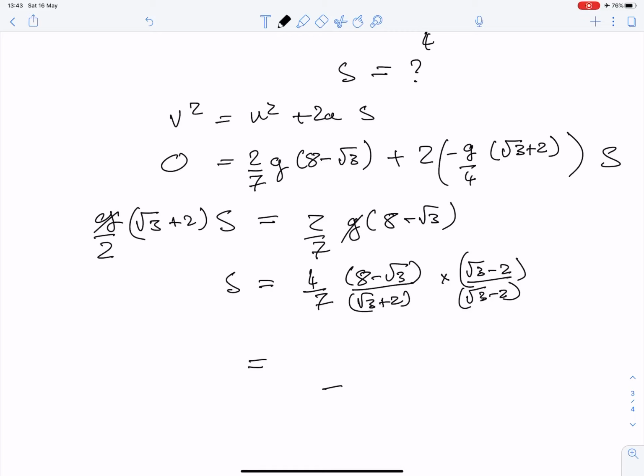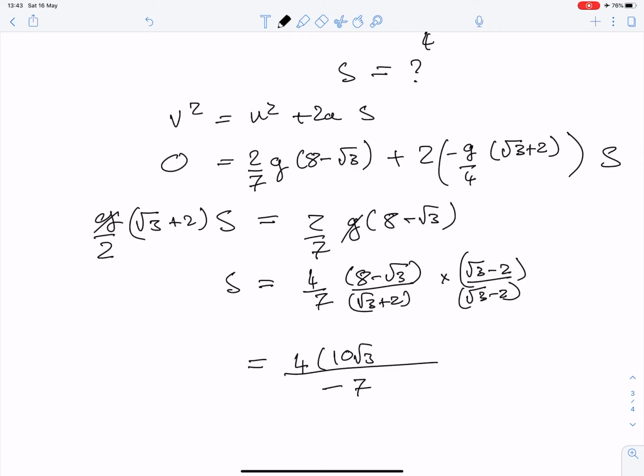Okay, now let's add that across. So we get g over 2 (root 3 plus 2) s. Should have had an s on there. v squared equals u squared plus 2as is equal to 2/7 g (8 minus root 3).